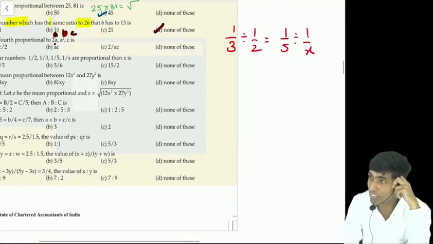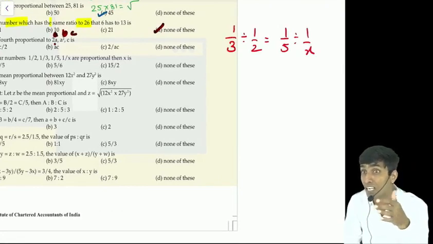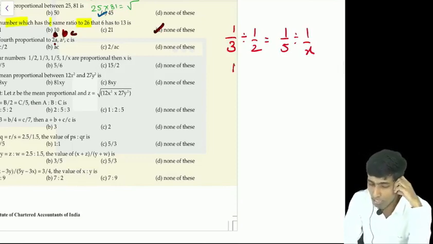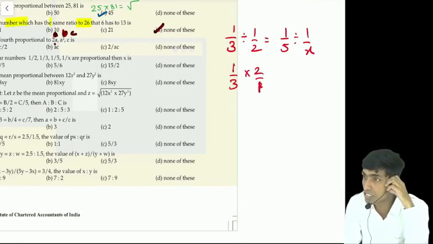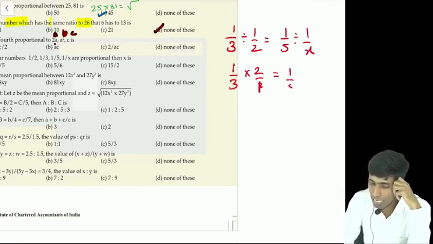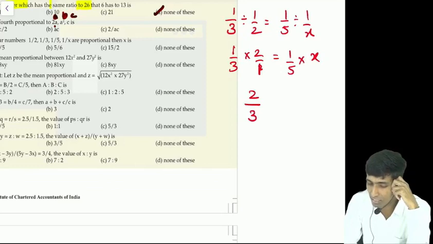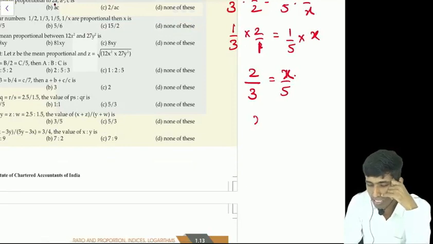Yesterday only we did this. Those who feel difficulty, write it like this. 1 by 3 into 2 by 1, the multiplicative inverse. Same way here, 1 by 5 into x. 2 ones are 2 upon 3 ones are 3 is equal to x by 5.